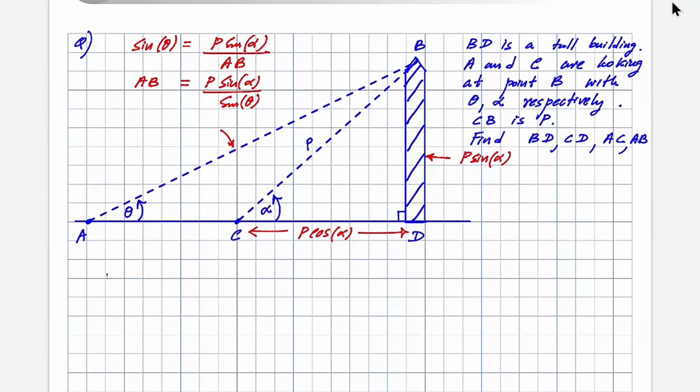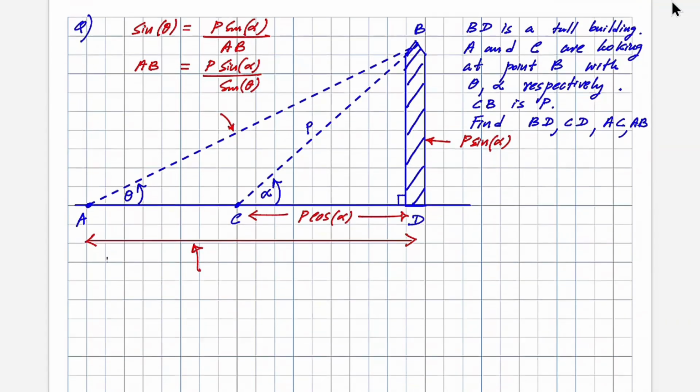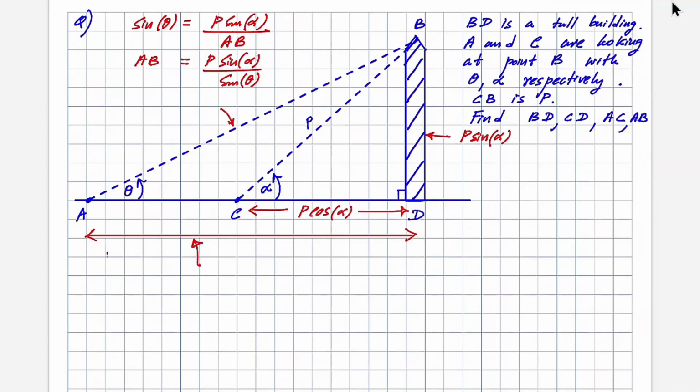Now, I'm going to find AD. To find AD, I will use tan theta. Tan theta is again P sine alpha divided by AD. AD means this big amount, and P sine alpha is this.